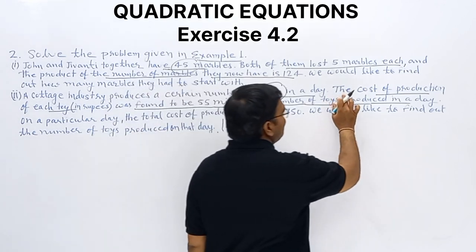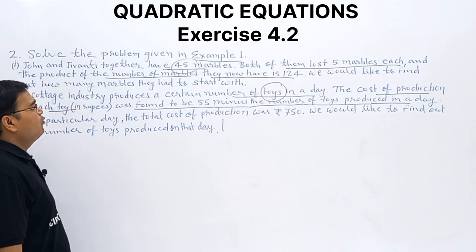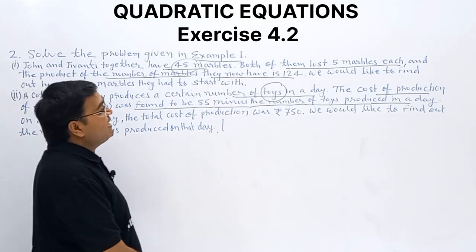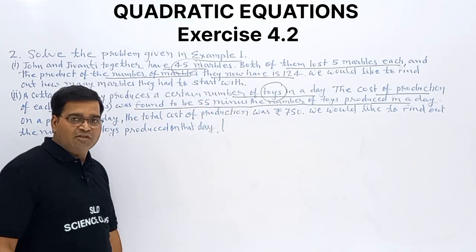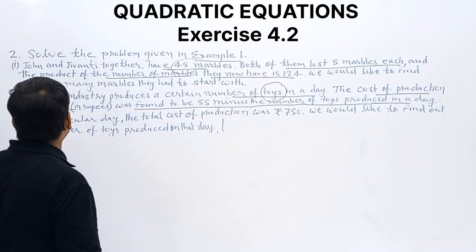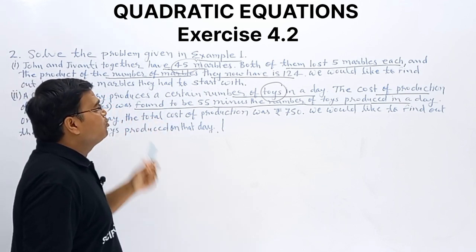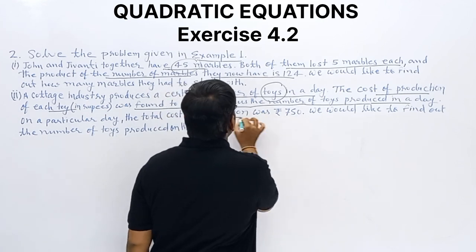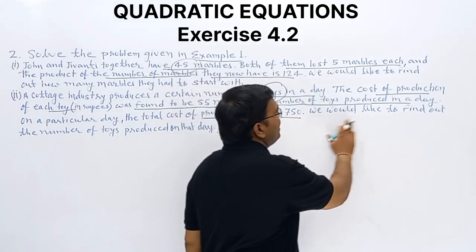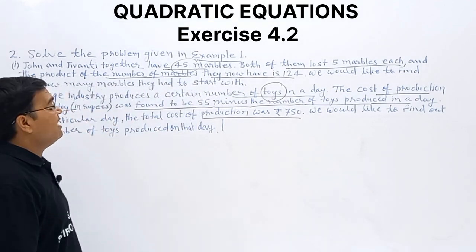In the next sentence, the cost of production of each toy was found to be 55 minus the number of toys produced in a day. Condition is given. In the next sentence, the total cost of production was rupees 750. This is the total cost of production. We would like to find out the number of toys produced that day.